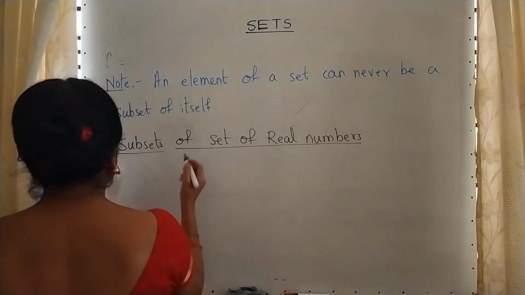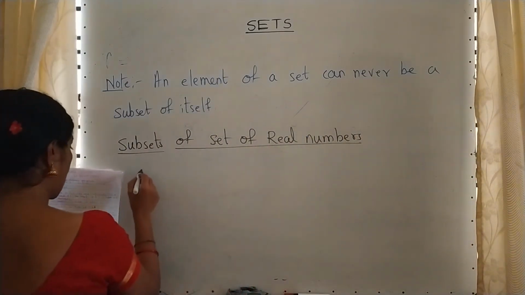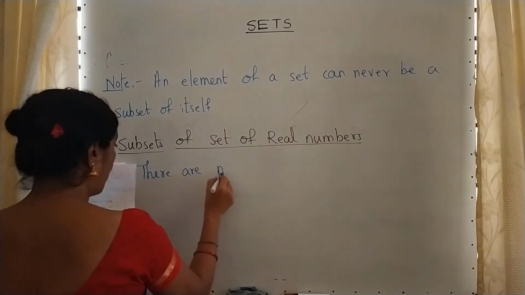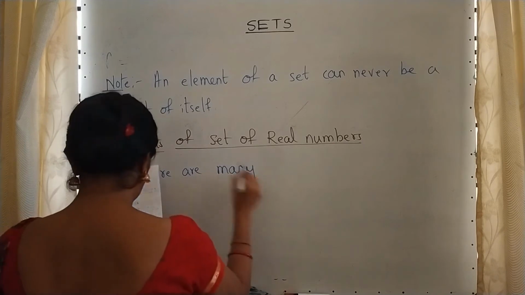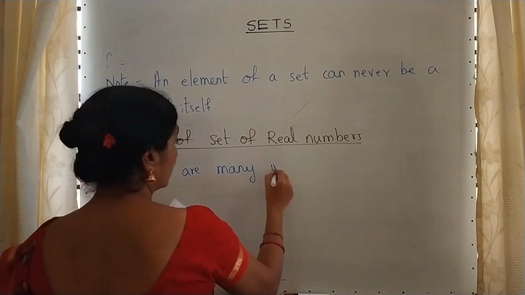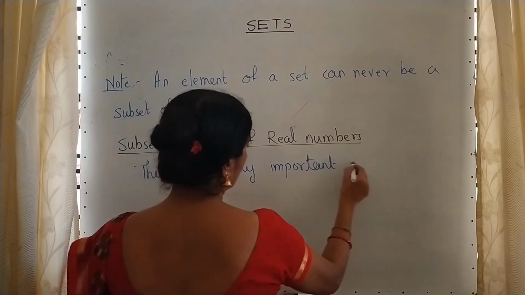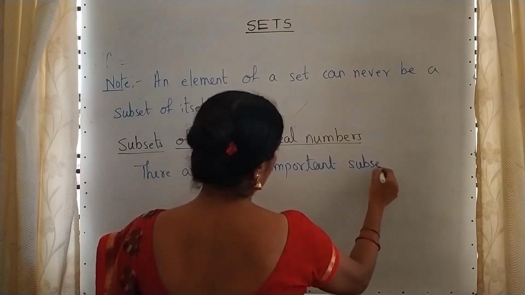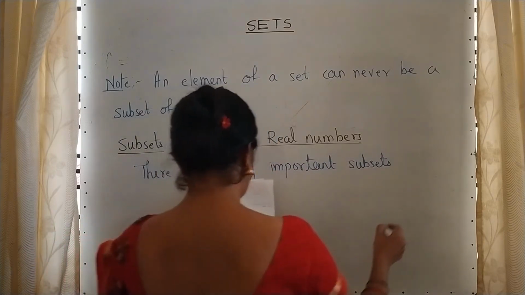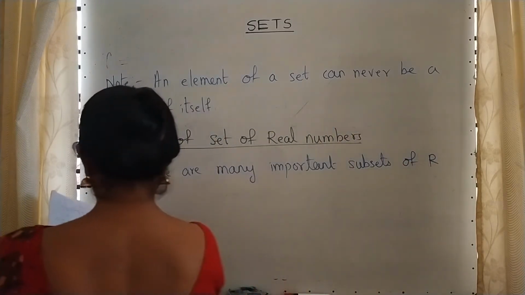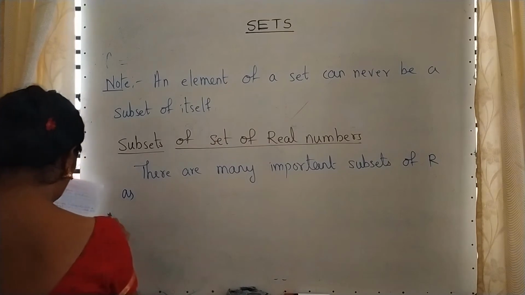There are many important subsets of R. R means the set of real numbers. Consider them one by one.